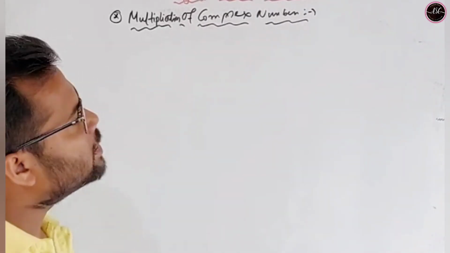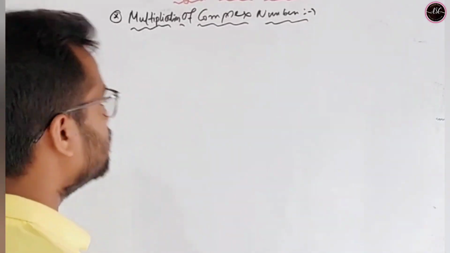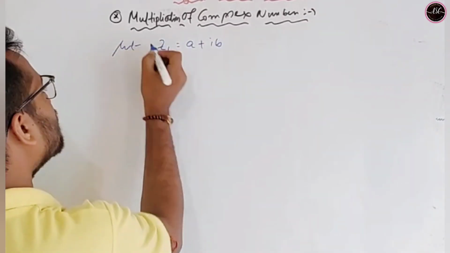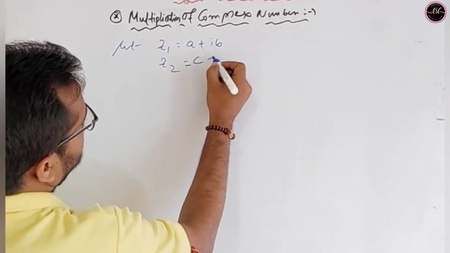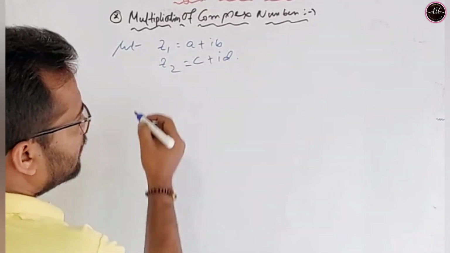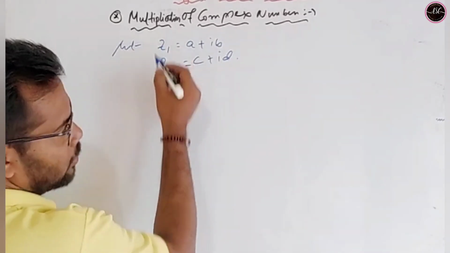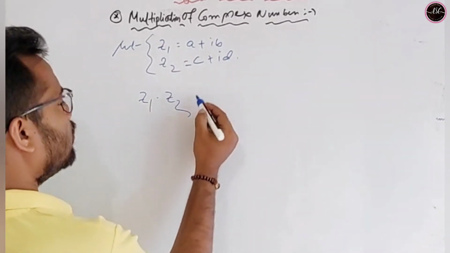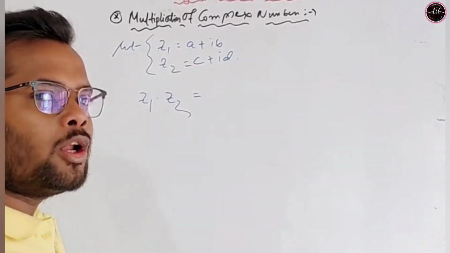We now learn about the multiplication of complex numbers. This is very simple also. Let z1 equal a plus ib and z2 equal c plus id. Then the multiplication of these complex numbers will be z1 dot z2 equal to, just apply the formula of multiplication.